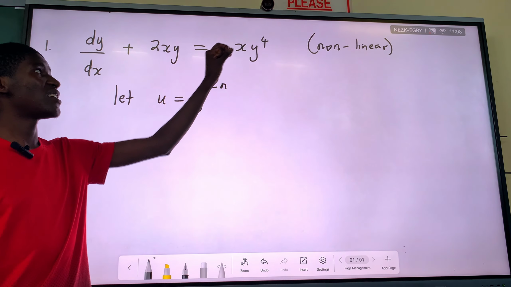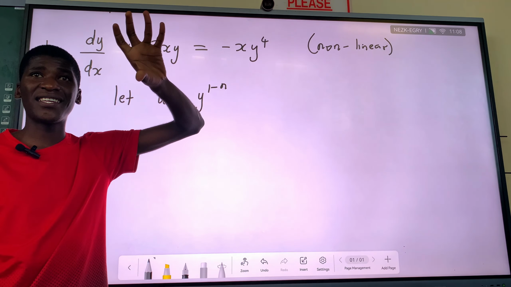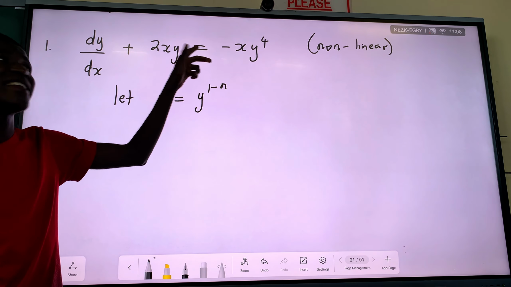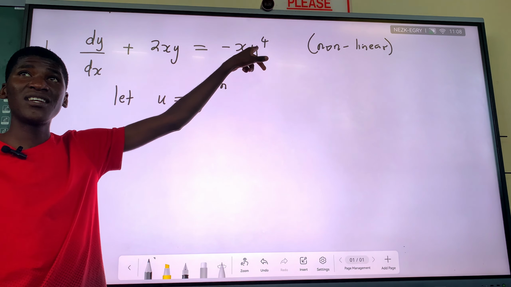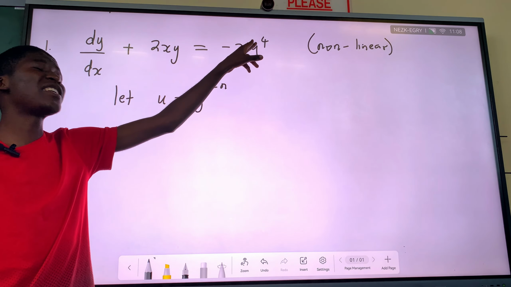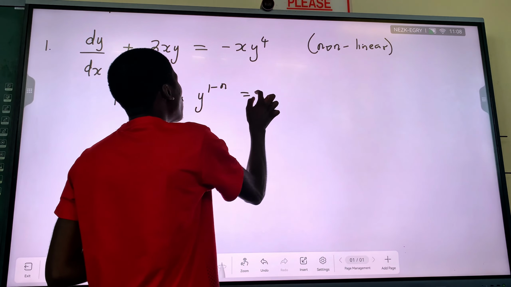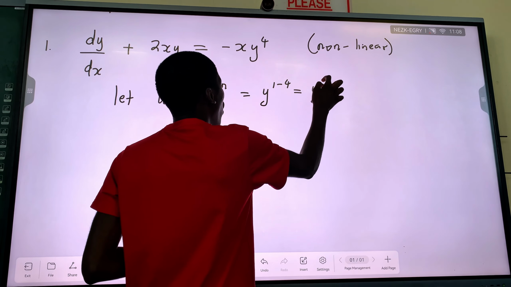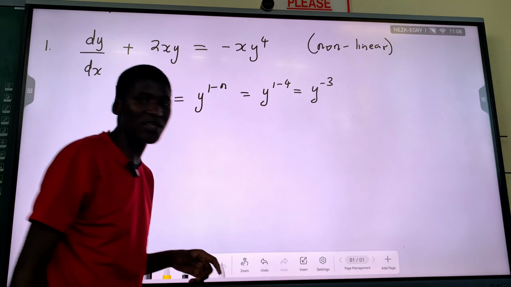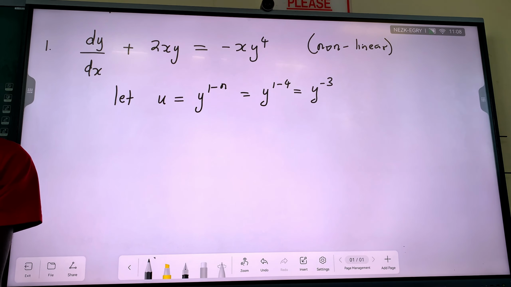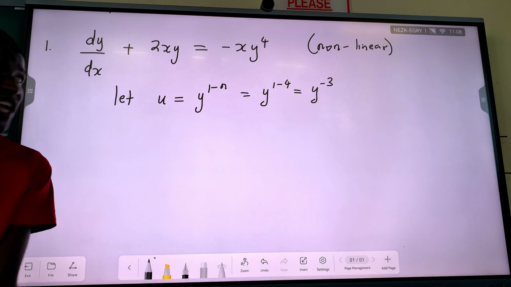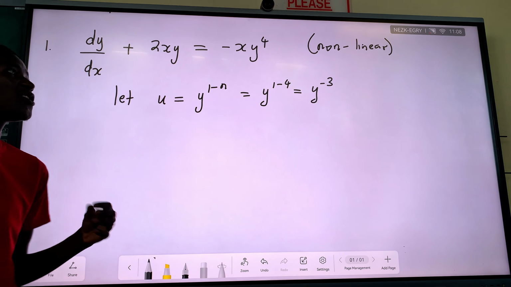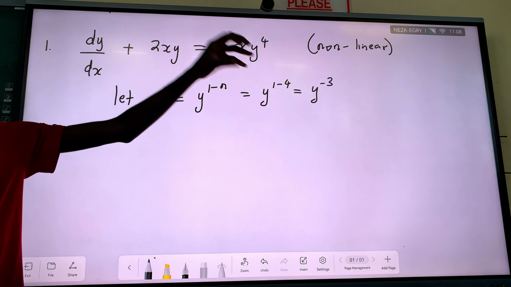It is the exponent that is not linear. In this case, the exponent of this y is linear, it's fine. What about this exponent? 4 is non-linear, so we need to reduce it. So we say u is y to the power of 1 minus 4, so this is y to the power of negative 3. That is the value of u. You start by finding u. So u is the same thing as 1 over y cubed. But you are substituting it so that you can try to make this a linear problem.